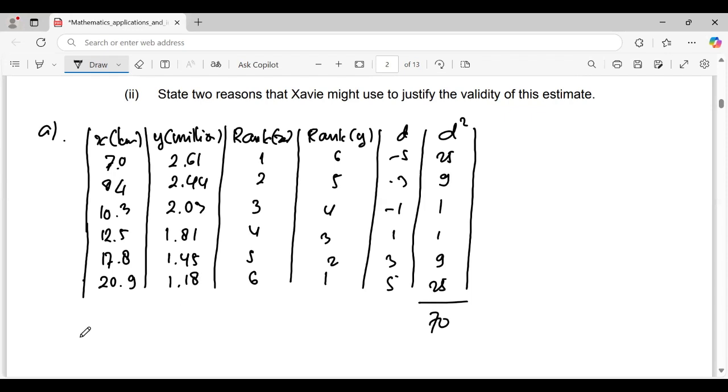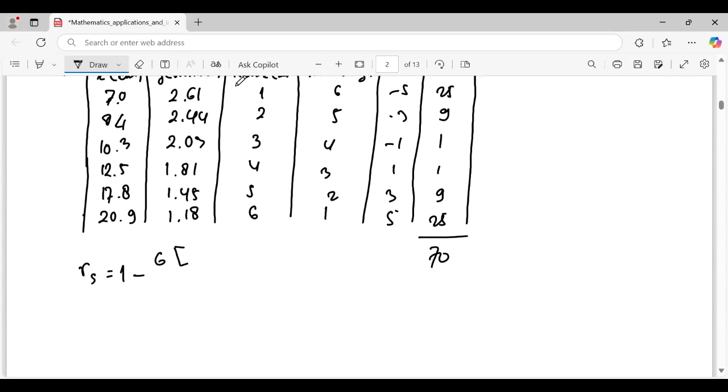And rs equals 1 minus 6 times sigma d squared over n times n squared minus 1.